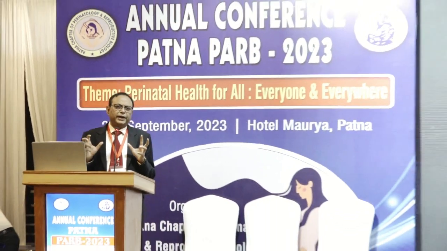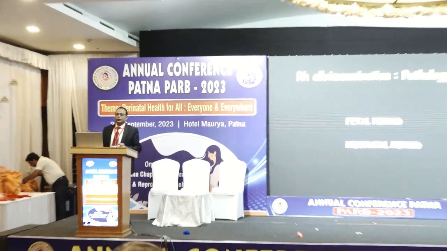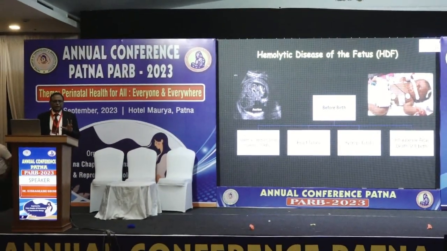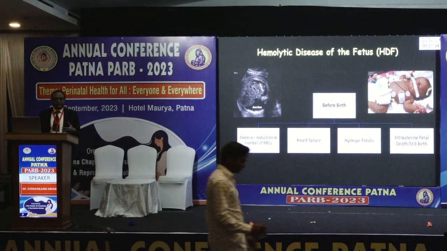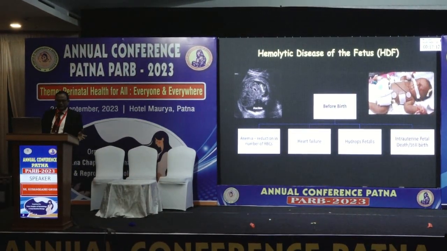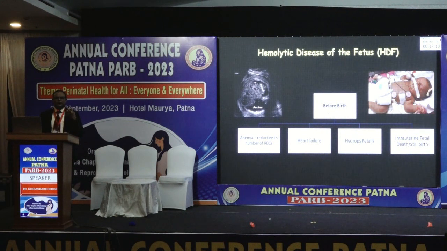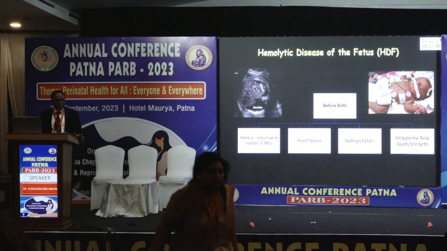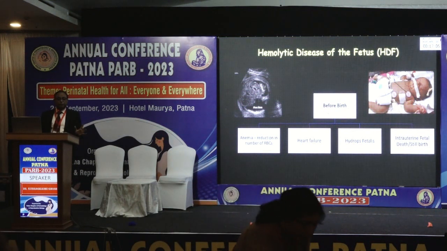Now, this hemolysis behaves in two different ways in the fetal period and the neonatal period. In the fetal period, anemia occurs because of hemolysis, a reduction in the red blood cells, and because the hemoglobin goes down, the oxygen carrying capacity goes down, and the fetal tissue suffers from hypoxia.